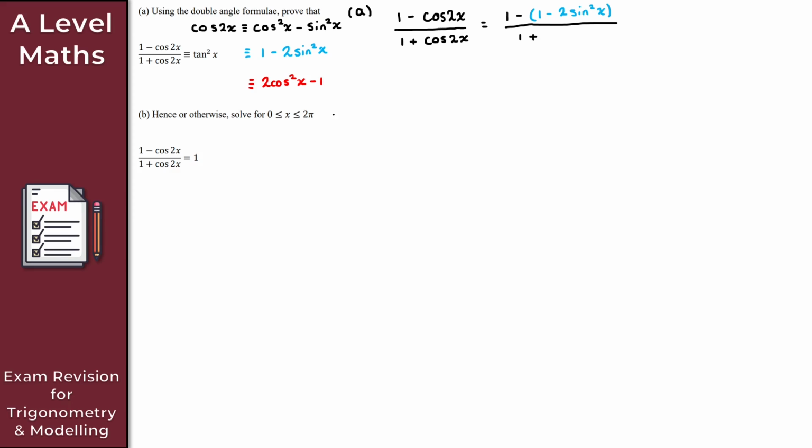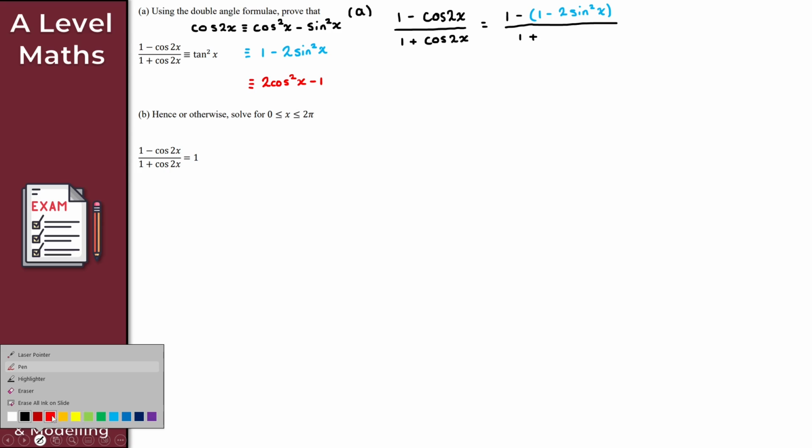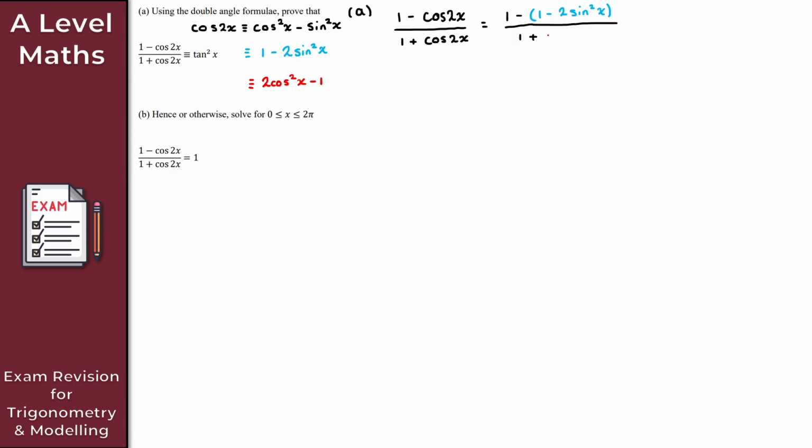And for this cos 2x here, we substitute in this identity. And again, let's use the respective color. I get 1 plus 2 cos squared x minus 1. Okay? So now if we simplify here then, what would we get? Well, 1 minus 1 here, they just cancel, like so. So I've now got minus 2 sine squared x. That just gives us 2 sine squared x there.